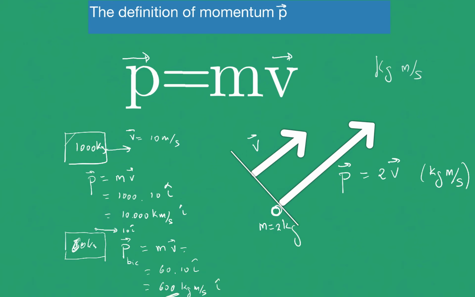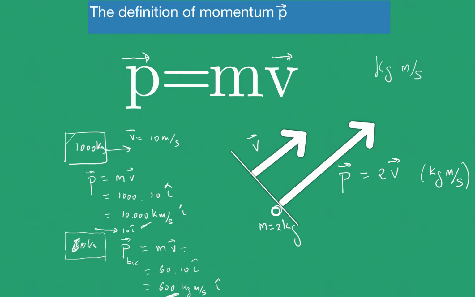So you see, this momentum is quite smaller than the momentum of the big car. So the conclusion is that even if they are moving with the same vector velocity, with the same magnitude and the same direction, the momenta are quite different.